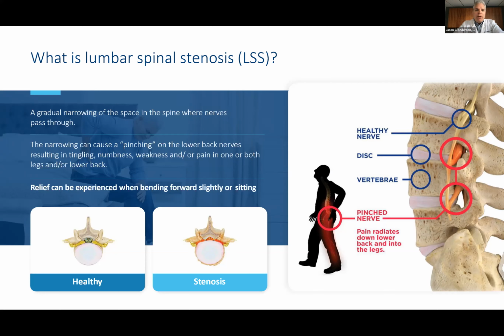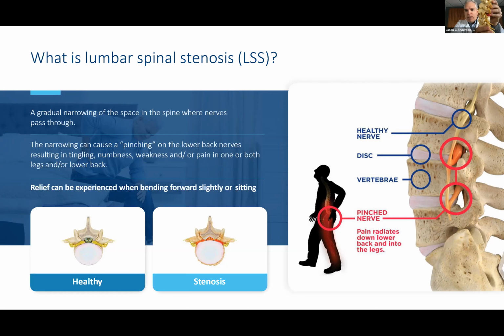When that pinching is occurring, though, patients can get numbness, tingling, weakness, or pain in one or both legs or lower back. And the other part of this is the spinal cord actually ends up here in the upper part of the low back and continues on as a bunch of nerves draping down through the central canal area. So every time you get up, you may pinch a different nerve that's running through that middle area.